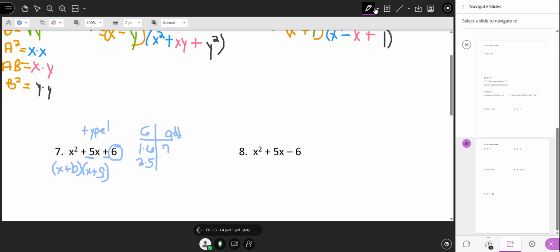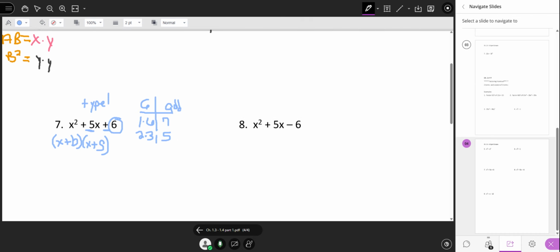And I have just messed up. I am getting tired. 2 times 3 is 6, and 2 plus 3 is 5. I have this little dyslexic thing. I put my answers in my questions.